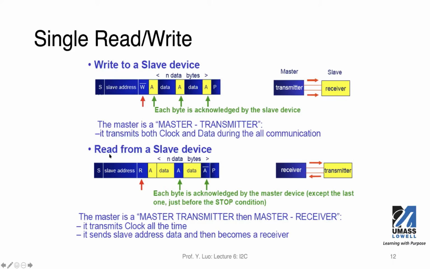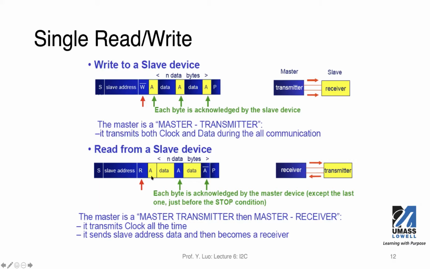And then for read, you can read from a slave device like this. You will send out the slave address, and then you follow that by using a 1, 1 indicating it's a read operation.